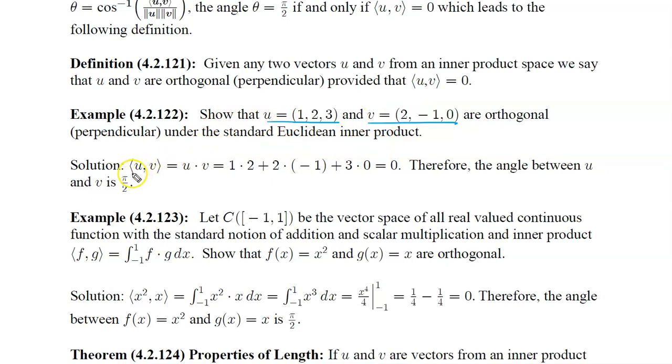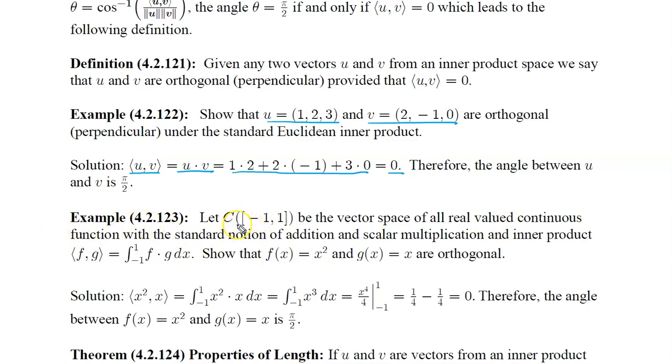Well, the standard Euclidean inner product is just your dot product, so if we evaluate u dot v, you'll get this, and that is equal to 0, so u and v are orthogonal or perpendicular with respect to the Euclidean inner product.